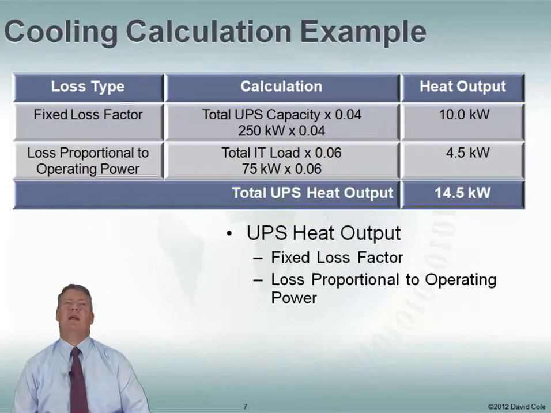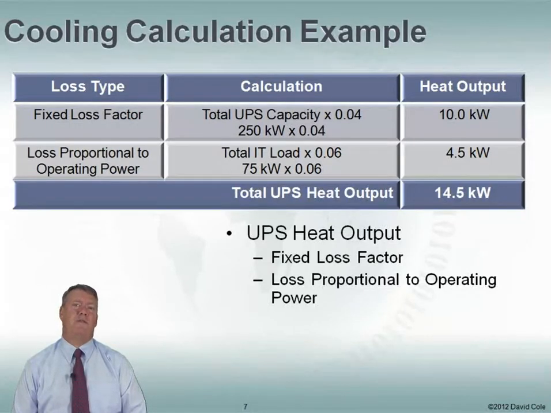So let's go through and calculate how much total heat my data center is generating. Let's start with our UPS heat output. Here's the formula for calculating how much heat is being generated by my UPS. I start with my fixed loss factor. Remember, when we turn on a UPS, it's going to generate some heat as it consumes electricity, even if I don't have anything plugged into it.